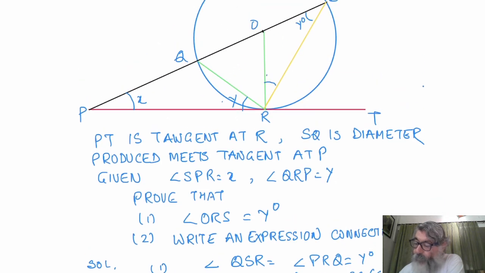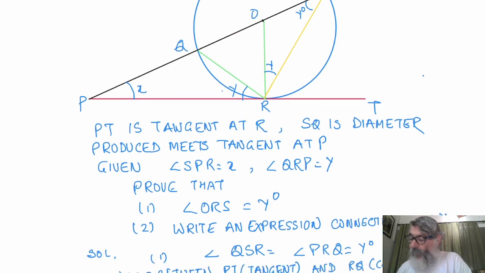Why? Because OS is equal to OR in triangle ORS.